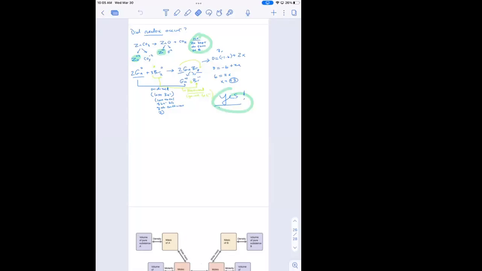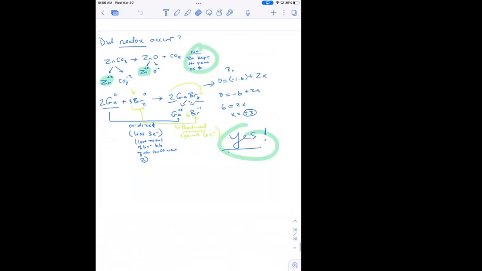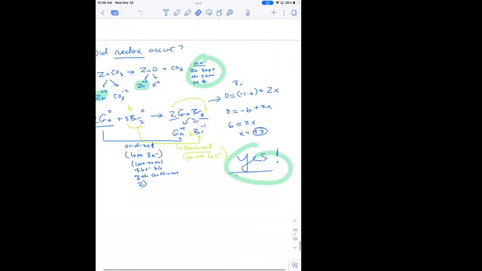So we left off looking at these reactions, and yes, it's recording. Did a redox occur? We showed in the first one, no, because zinc didn't change oxidation states. When a redox reaction happens, there's a necessary change in oxidation state.